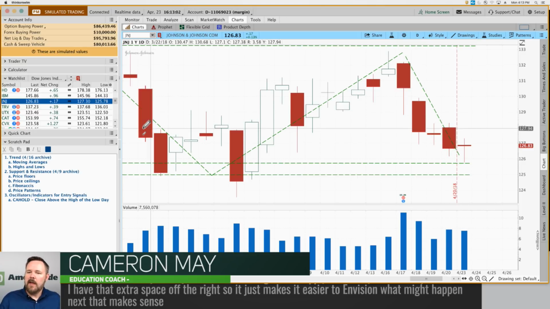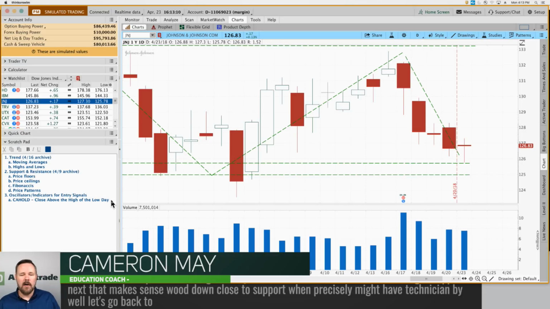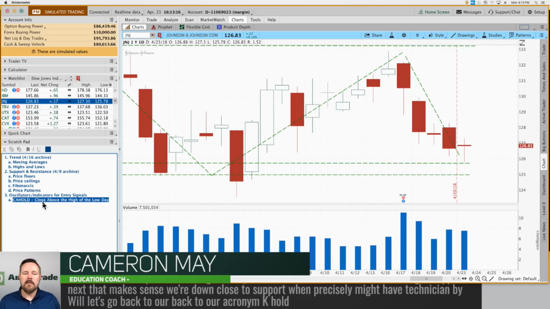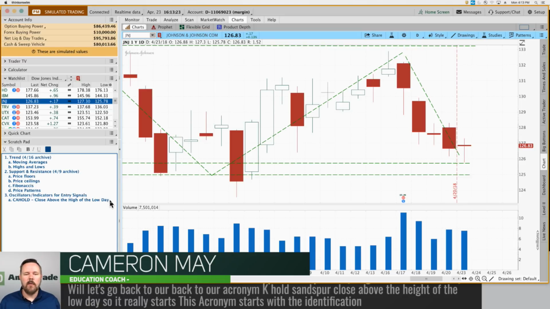Okay, so we have our trend identified. We're down close to support. When precisely might a technician buy? Well, let's go back to our acronym. K-hold stands for close above the high of the low day. So this acronym starts with the identification of what we call the low day.